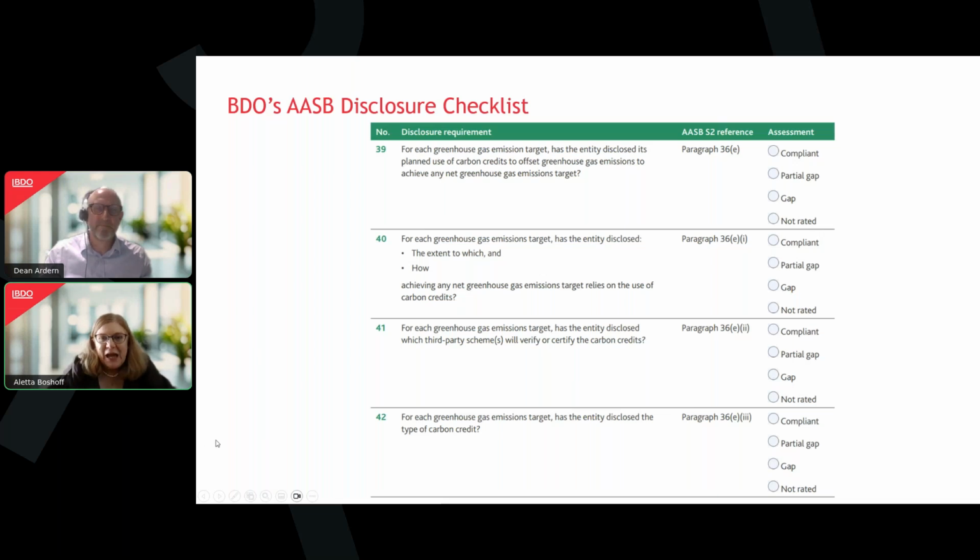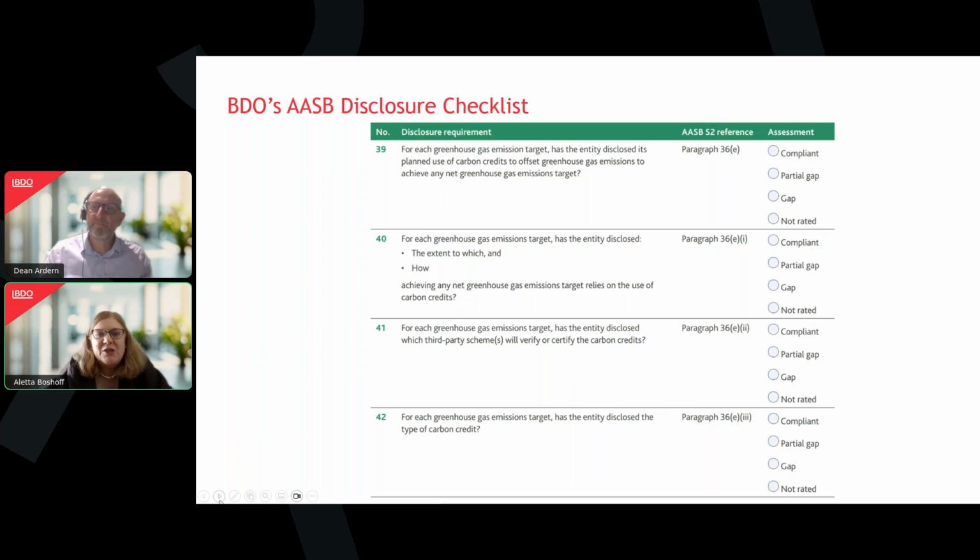And if that is part of your plan, it's therefore part of your strategy, under AASB 2, you have to tell the user about it. So make it very clear, these are our targets, and we are planning to get there by buying carbon credits, or we are planning to reduce some of it and reduce the gross emissions, and that we can't reduce, we will buy carbon offsets. So all these disclosures are focusing on that.